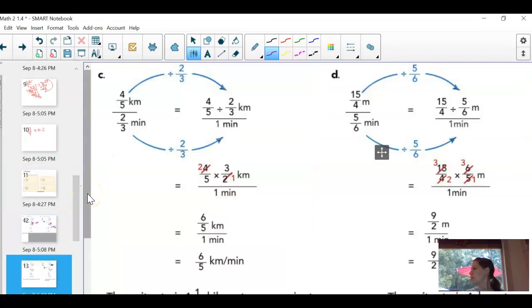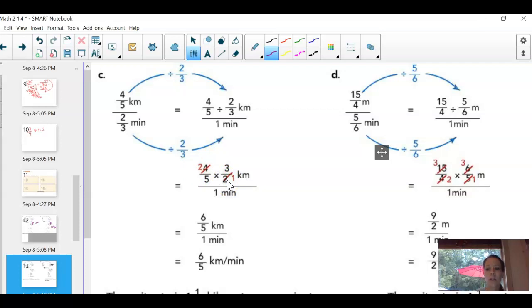Okay, so now let's go ahead and look at C and D. Same process, okay? So really look at it. I'm dividing, I'm flipping, so I have 4/5 divided by 2/3, changing division to multiplication, 3/2. Notice there's this constant cross-canceling because that just makes life easier, the better you can be at cross-canceling.